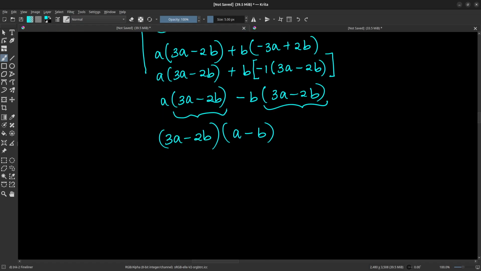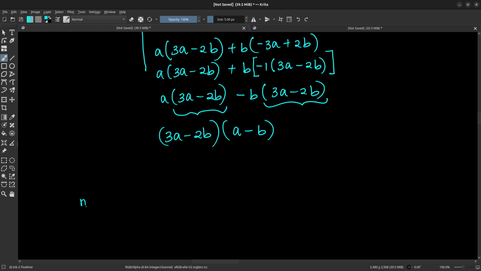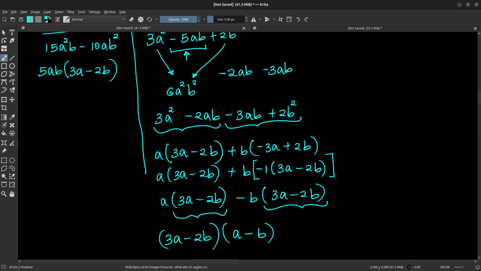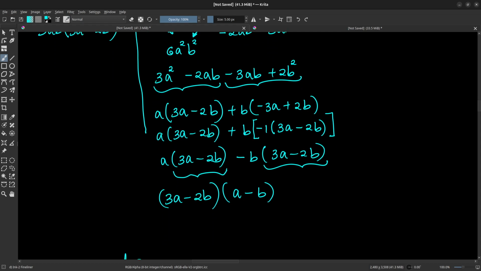Now, the numerator over the denominator. Remember what we got as the numerator: 5ab times 3a minus 2b.